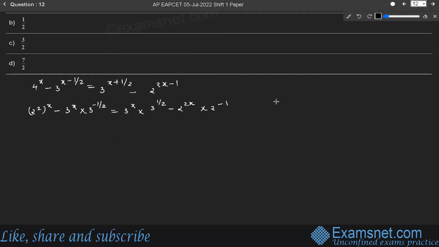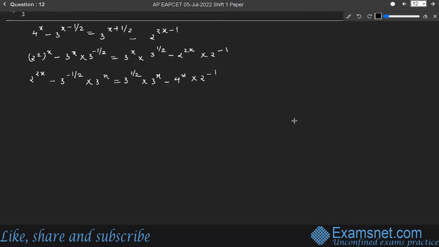Now simplifying, reordering and evaluating these terms, it will be 2^(2x) - 3^(-1/2) into 3^x equal to 3^(1/2) into 3^x - 4^x into 2^(-1). It can be further written as 4^x - 3^(-1/2) into 3^x equal to 3^(1/2) into 3^x - 2^(-1) into 4^x.